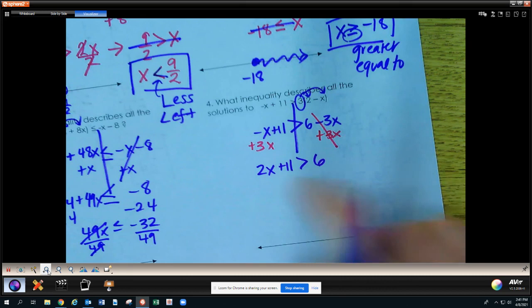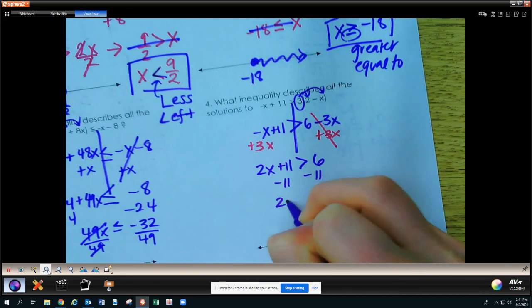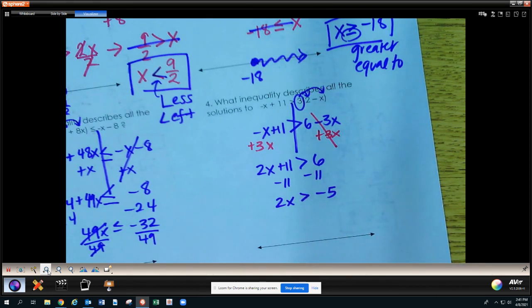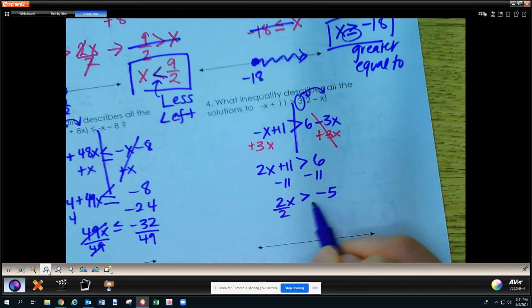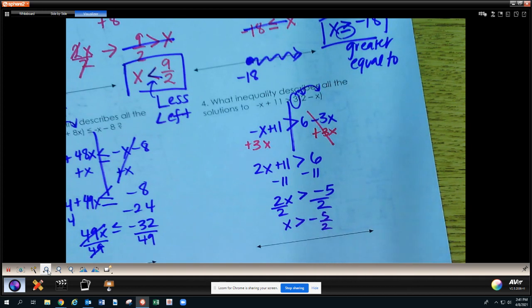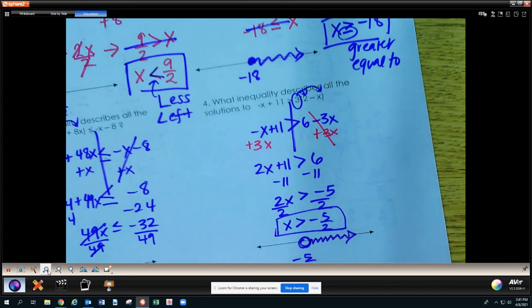And then now we need to get the 11 on the other side. And then divide by 2. That is a positive 2, so once again, no flipping. And so our final answer is x is greater than. We're going to have an open circle because there's no line. And since it's not an L, we shade to the right.